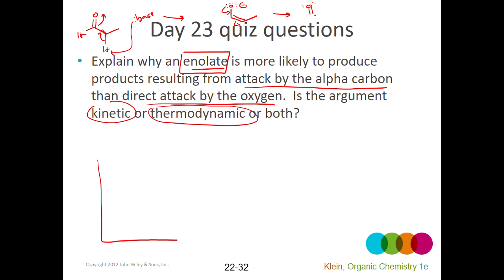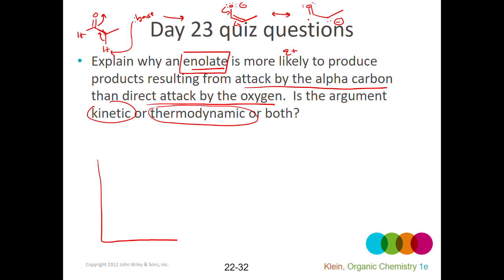And so the reason I included this quiz question today is because I'm trying to prevent a common mistake that students make from occurring for each one of you. And that is, when I ask this question of students, or when students think about the enolate attacking an electrophile, what students often incorrectly say is that, well, the carbon enolate is a lot less stable, because carbon with a negative is a lot less stable than an oxygen with a negative.